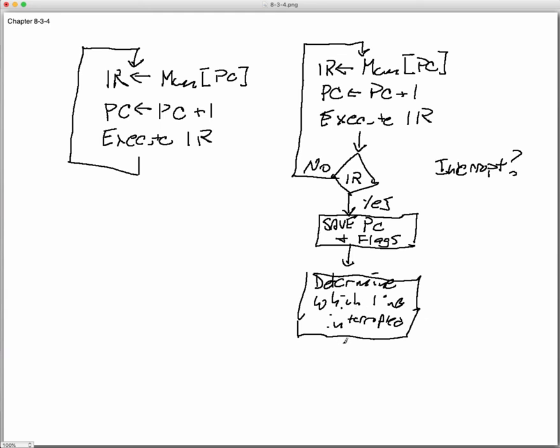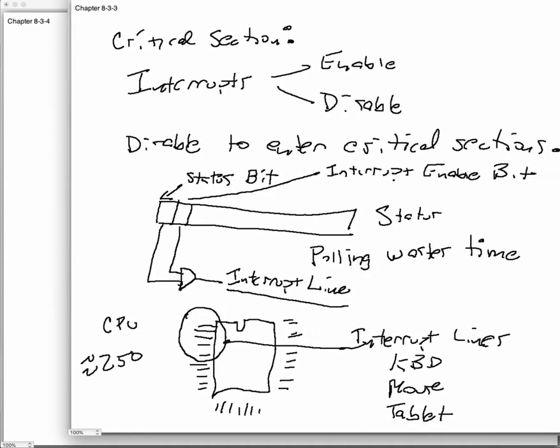Okay. We have to call the appropriate interrupt routine. Remember, what's going to happen here is each one of these different lines is going to have a different routine associated with it.